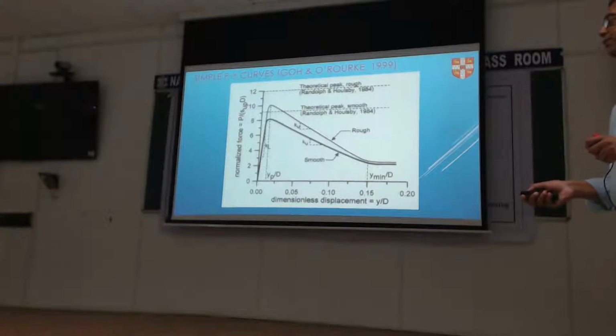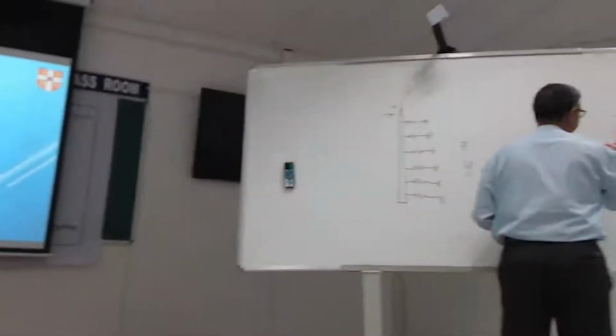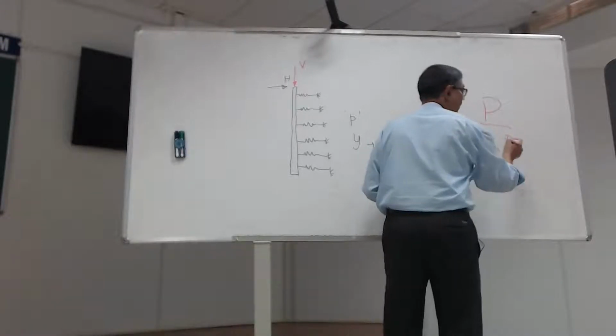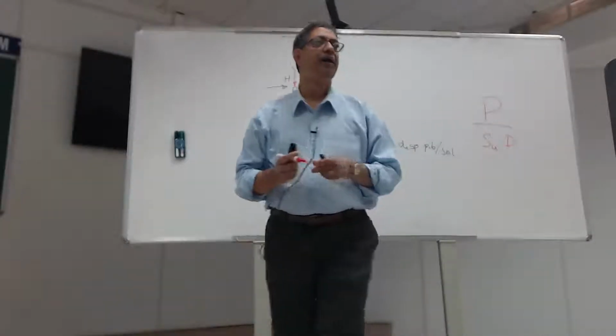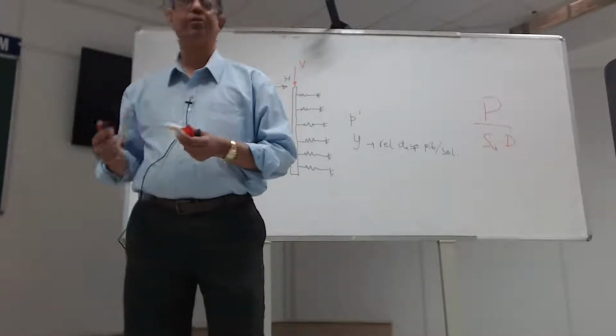The nice thing they have done is normalize the force. The horizontal force is divided by, I'll write this down, P over SUD. This is always good because it non-dimensionalizes the load factor.